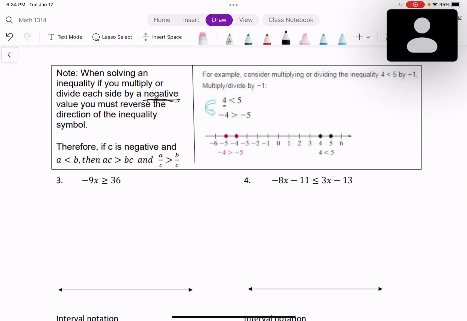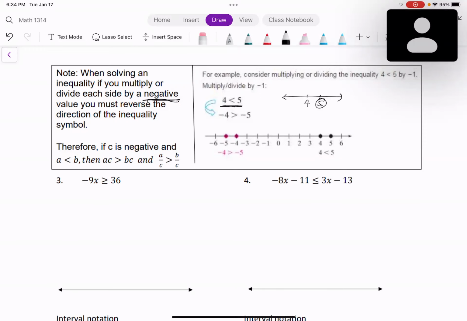If I have 4 is less than 5, yes, that is a true statement. If I draw a number line, 4 is here, 5 is here. So 5 is on the right-hand side. Also, everybody knows that 5 is greater than 4. Okay, this is a true statement.